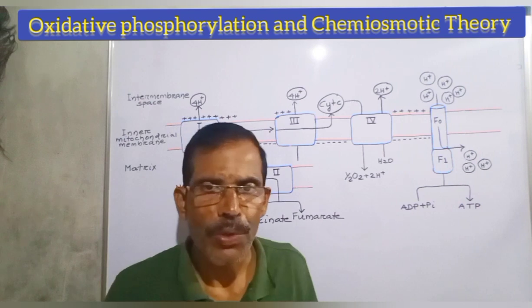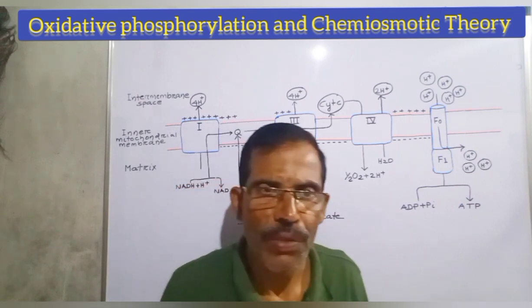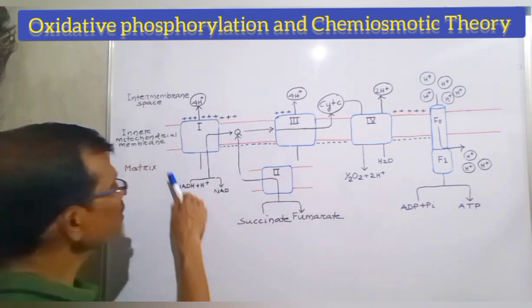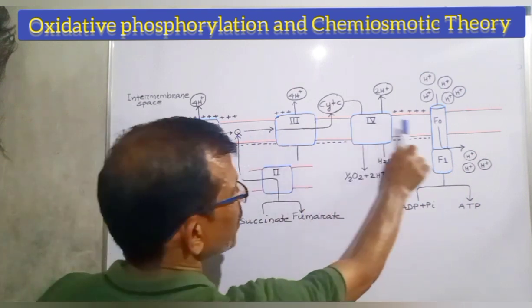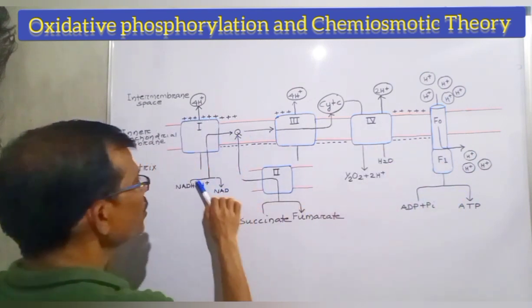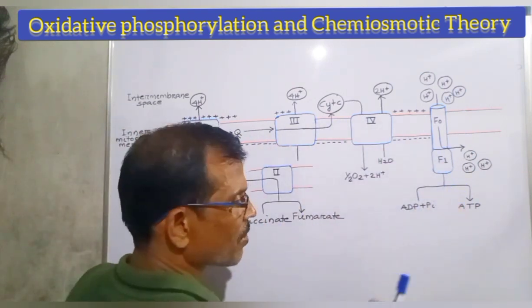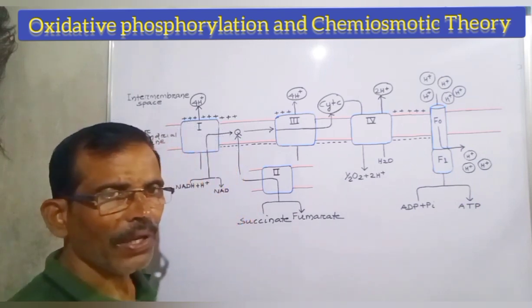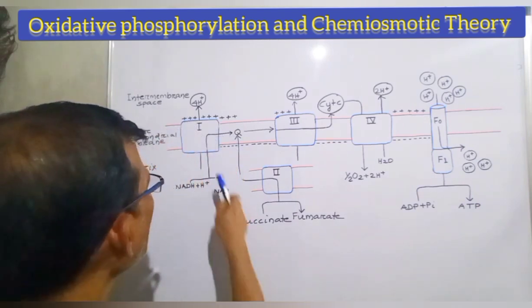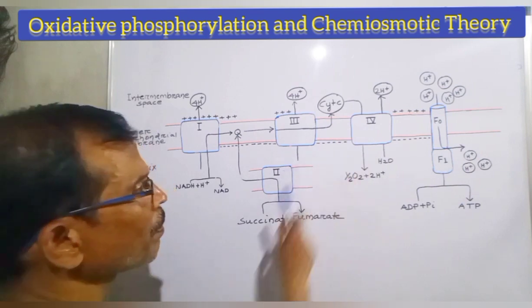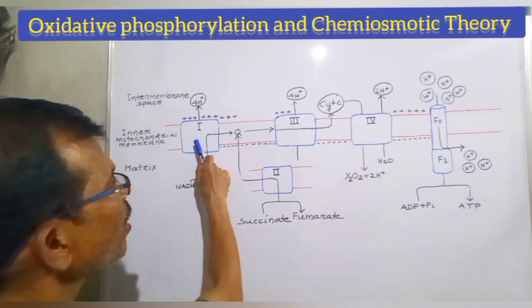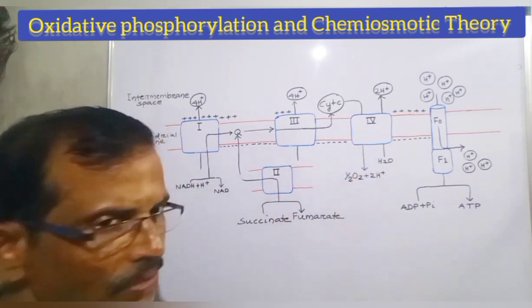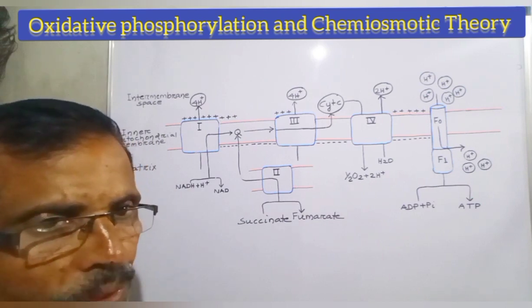According to chemiosmotic theory, the proton motive force, which is established across the inner mitochondrial membrane during electron transfer, drives the synthesis of ATP. Out of 4 respiratory complexes, complex 1, 3 and 4 function as proton pumps.